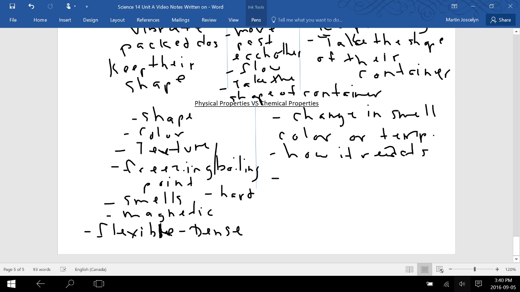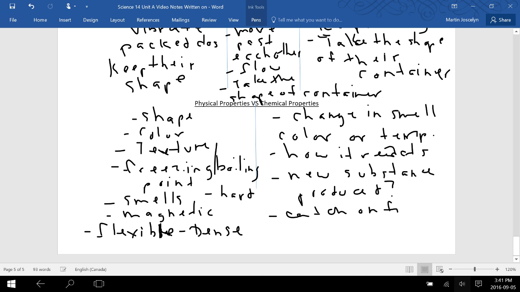If there's a new substance that's been produced. How easily does it catch on fire or burn?